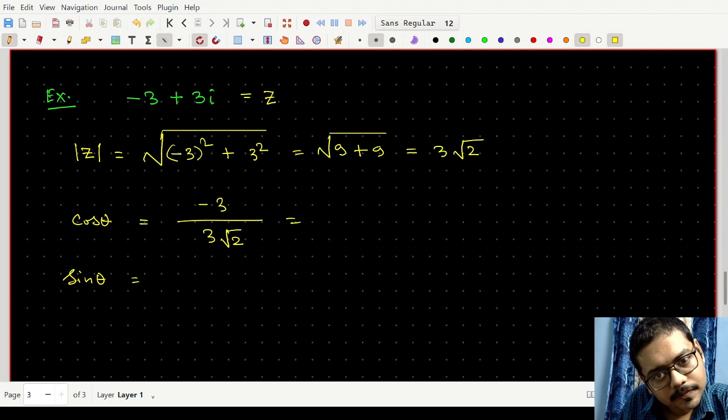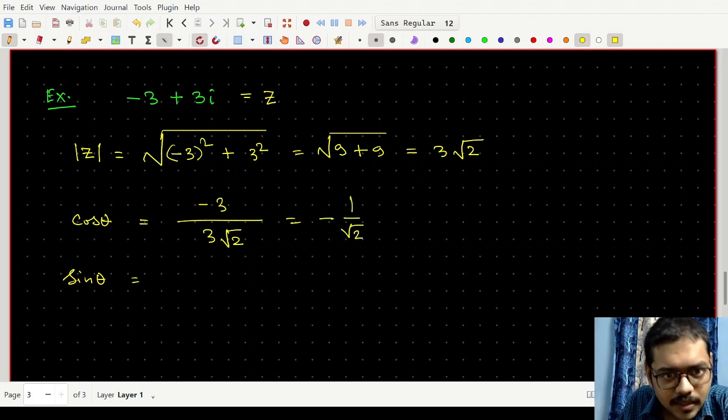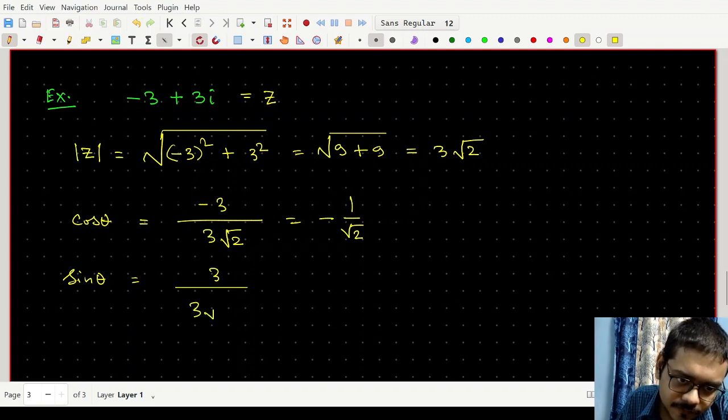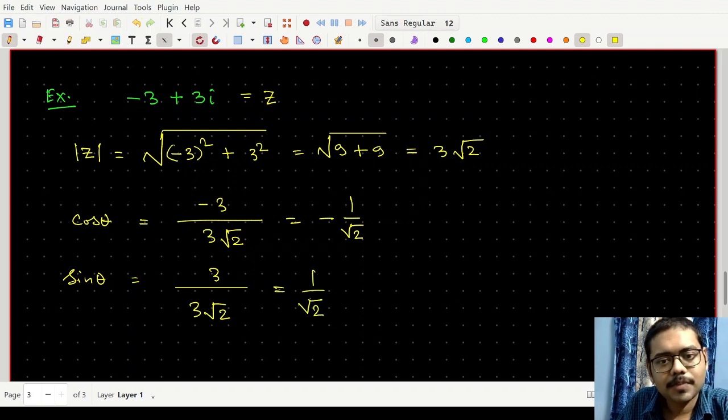So this is minus 1 over square root of 2, and sine of theta, we can see that it is positive. So this is just 1 over square root of 2. So sine of theta is positive and cos of theta is negative. So that puts theta in the second quadrant.